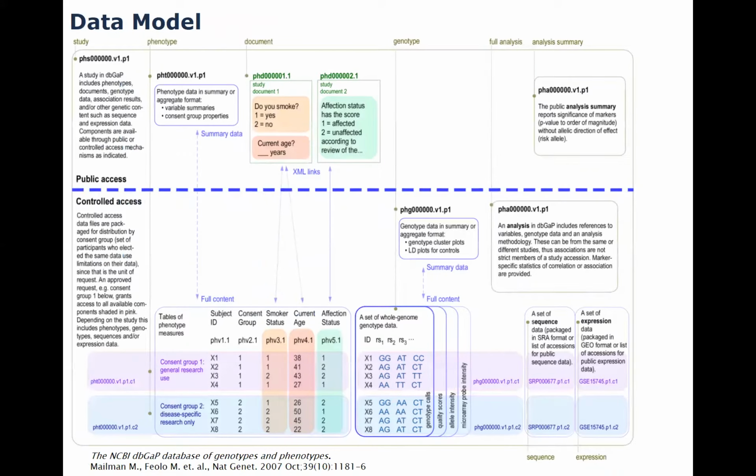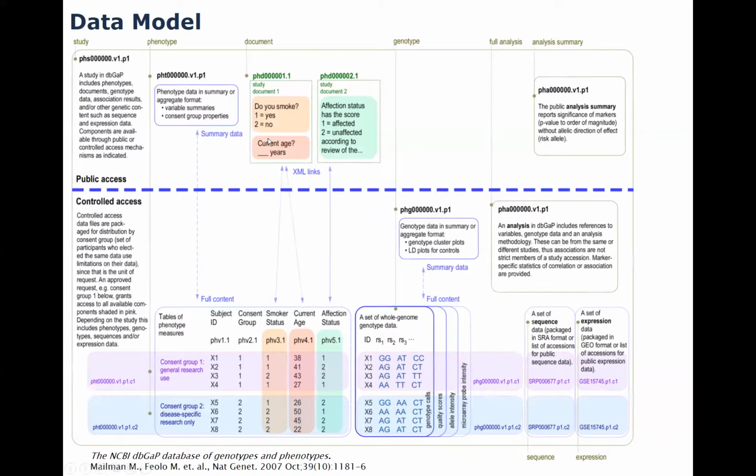And dbGaP, and this is a figure from our Nature Genetics article in 2007, the white paper for dbGaP and how it was organized. And this data model actually holds true still today. But the way dbGaP is organized is there's a top-level data object called a study, and that's a collection of data that was collected together and analyzed together as part of, usually, an NIH grant, but it can be from non-NIH funding also.